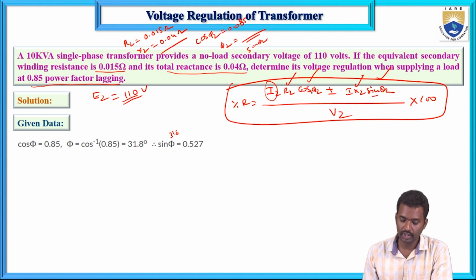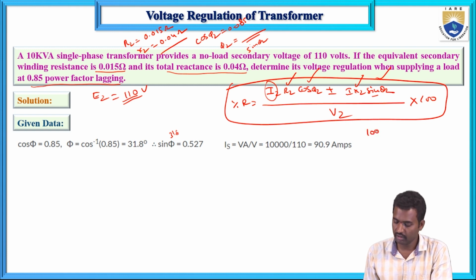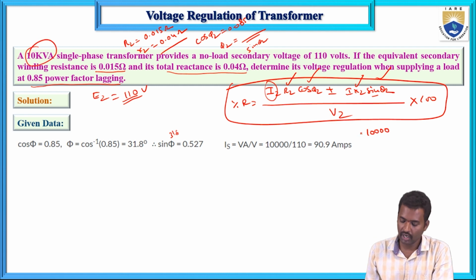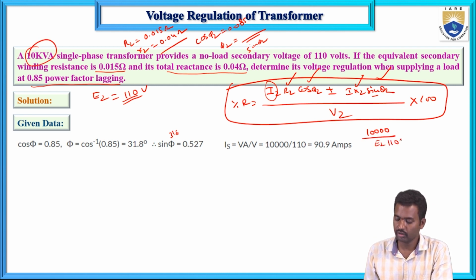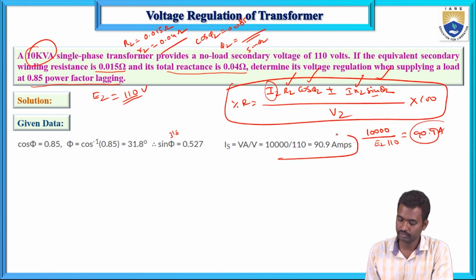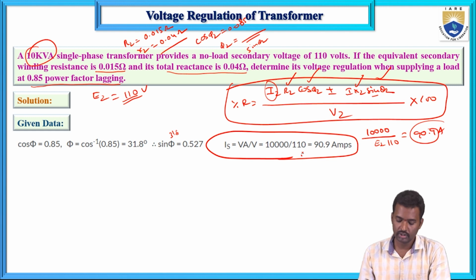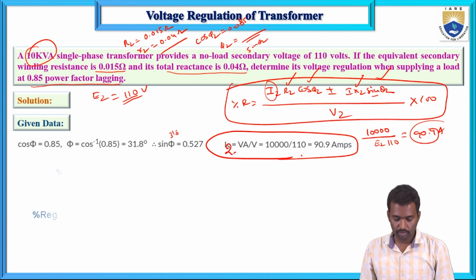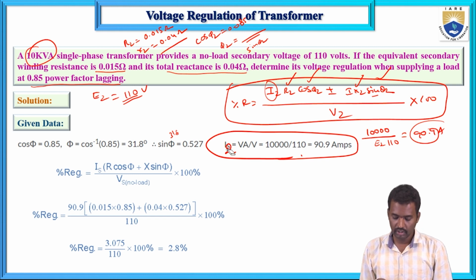And next, I2 equals the kVA rating, which is 10 kVA, that is 10 into 10 power 3, divided by the secondary voltage E2, that is 110 volts, which equals 90.9 amperes. Now this is the I2 secondary current. The subscript 2 indicates the secondary current. So now from this you can easily calculate.